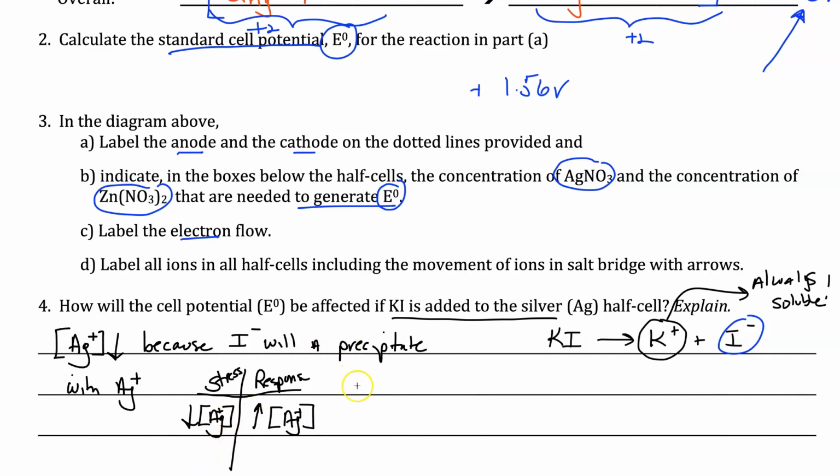So what happens is that we are in need of increasing the silver+. So we precipitate out the Ag+, we lower its concentration. That's a stress on the equilibrium.